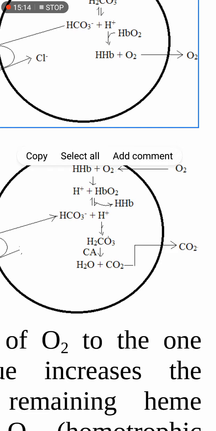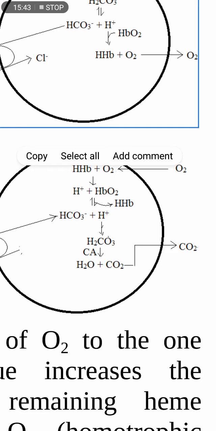So what happens at the lung level? Oxygen enters into the RBC from the lung, and the carbon dioxide that is transported from the tissue comes out through the lung. This is the first function of hemoglobin.